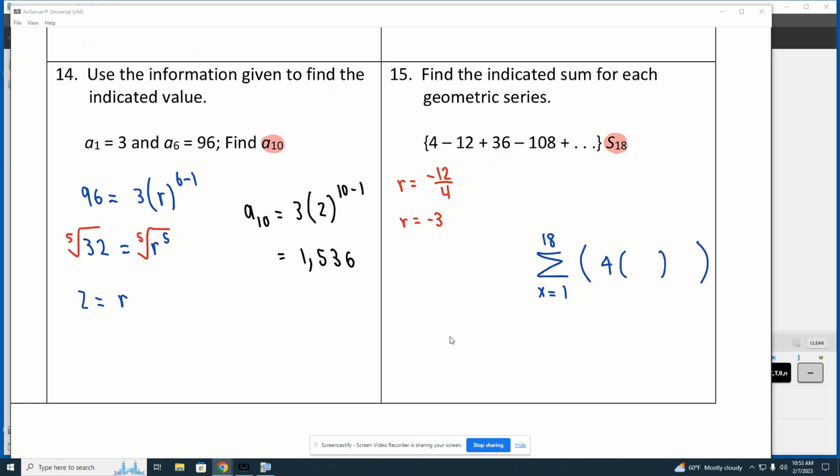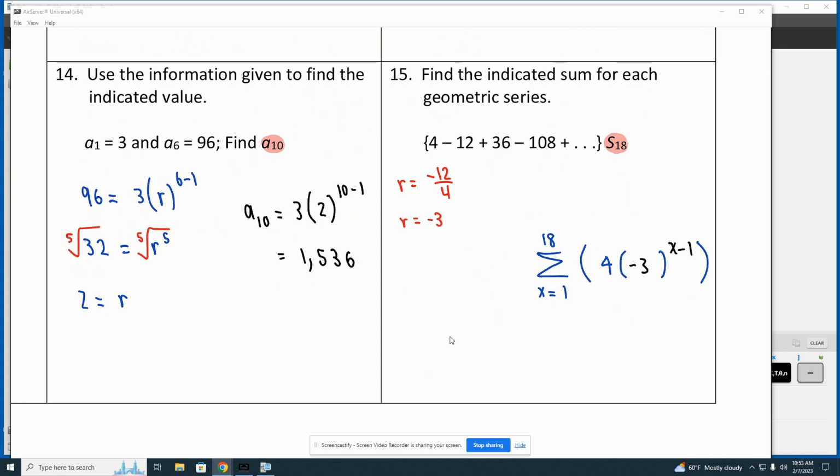So go type it in. Y'all ready? You've already done summation, right? Alpha window number 2. X from 1 to 18. And inside the parenthesis, 4, open parenthesis, negative 3, close parenthesis, raised to the x minus 1 power. Remember, leave it x. Do not replace x with 18.